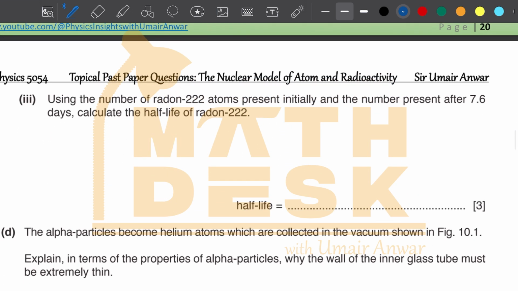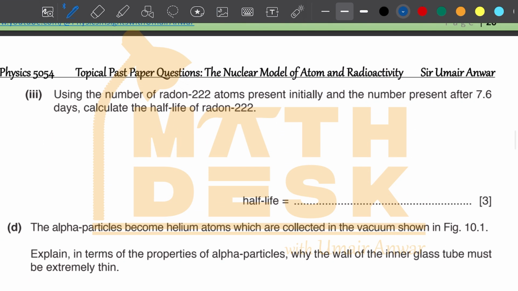The next part says using the number of radon atoms present initially and the number present after 7.6 days, calculate the half-life of radon. The atoms remaining after 7.6 days are 7.0 × 10^9.